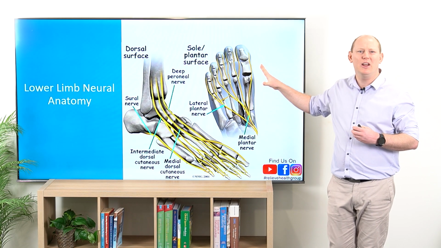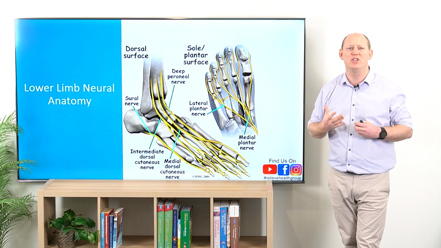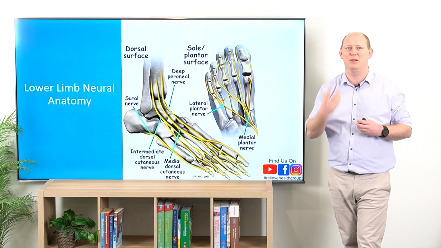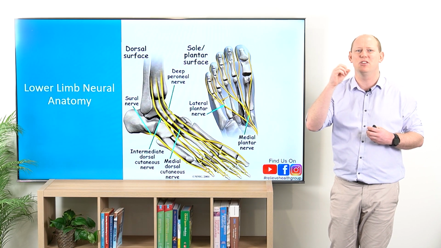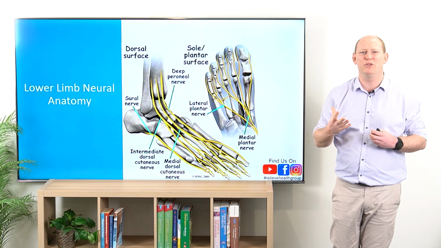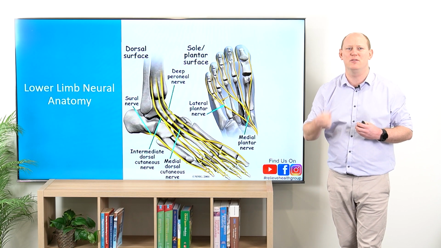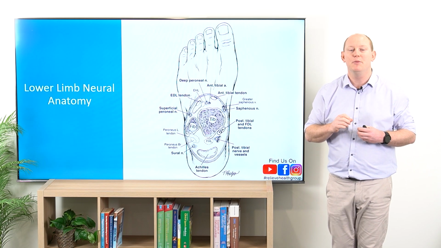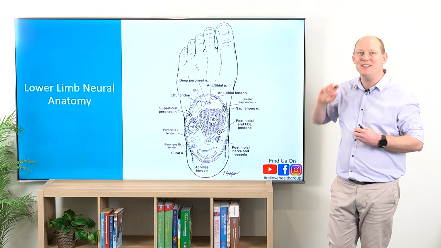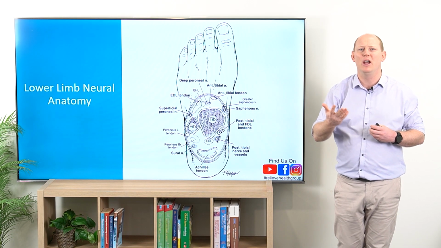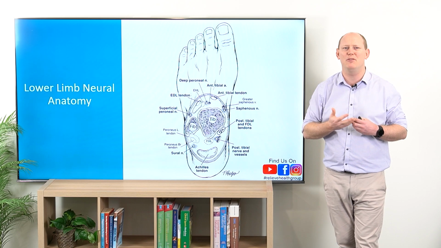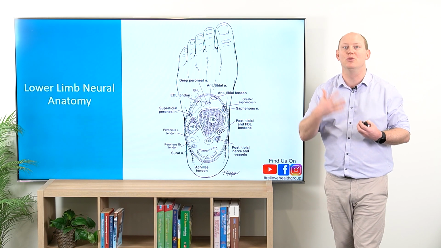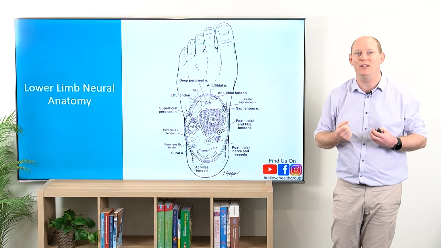Okay, I really like this one because it shows the dorsal cutaneous nerves quite well as well as the plantar cutaneous nerves, and I think having a further understanding of where they are with respect to the bones is quite powerful. But then also we've got this fantastic cut through just above the ankle, so that we have an idea of, okay, what's superficial? Where is it in relation to our other landmarks?